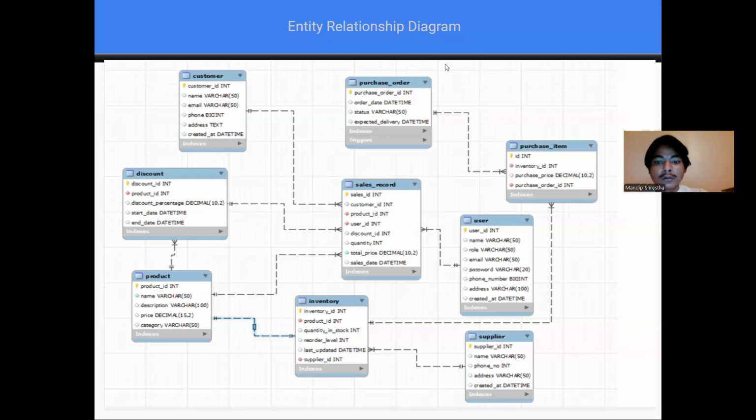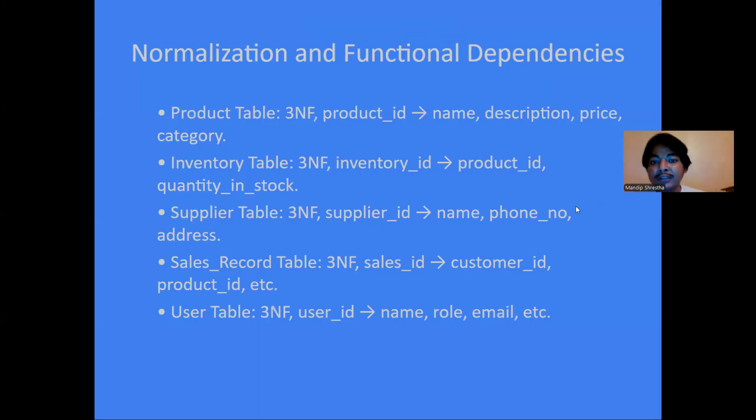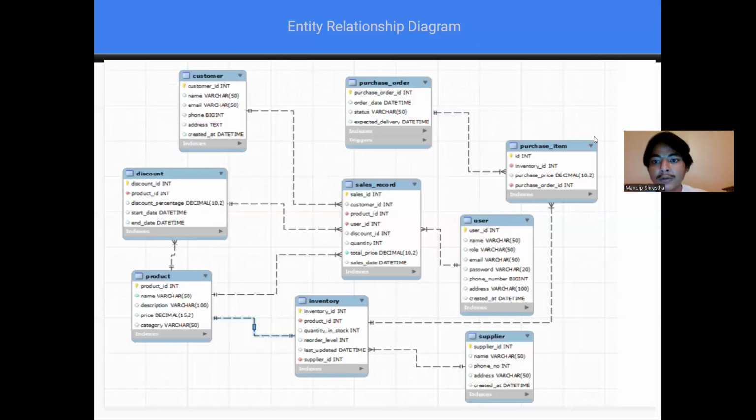Also, talking about the purchase order table and inventory table, they are in a many-to-many relationship. And the purchase item table acts as a third table between purchase order and inventory.